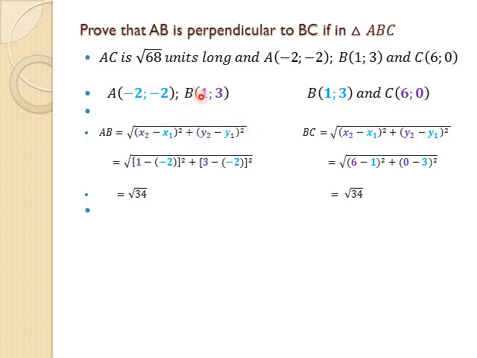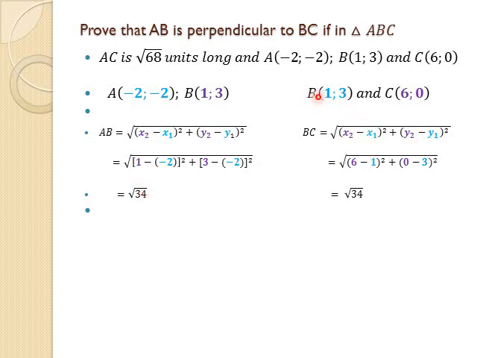So there, 1 plus 2, which gives me 3. 3 squared is 9. That becomes 3 plus 2, which gives me 5. 5 squared is 25. 25 plus 9 then gives me square root 34.